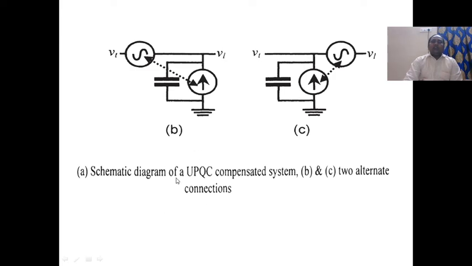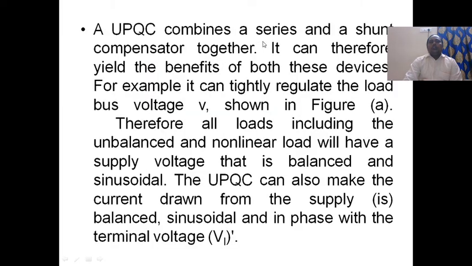So this is a schematic diagram of a UPQC compensated system, with two alternate connections. A UPQC combines a series and shunt compensator together. It can therefore yield the benefits of both these devices.